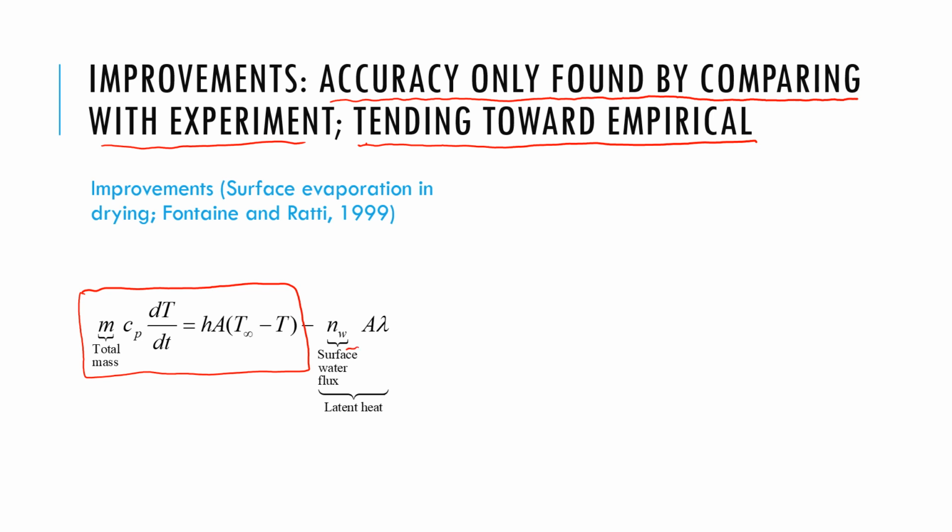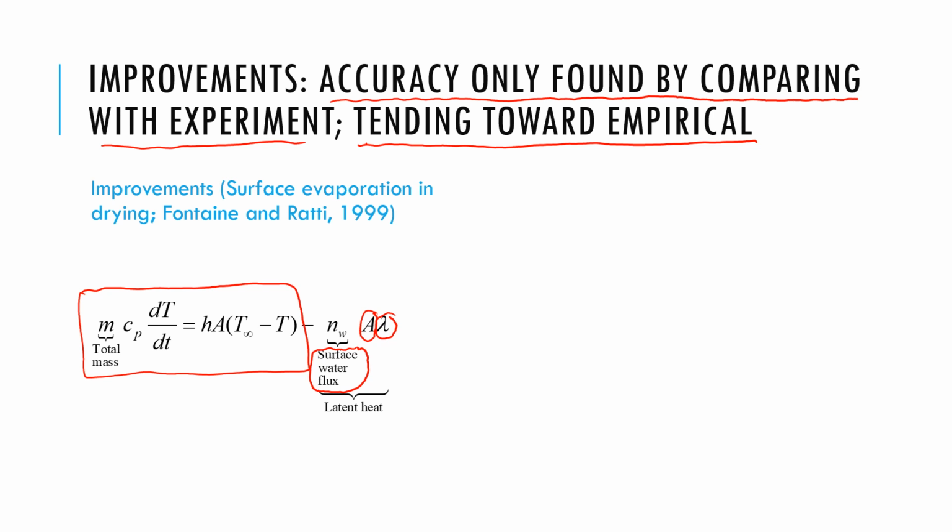From there, you can find surface water flux. So that will be mass per unit area per unit time, times the surface area times the latent heat. So now you're including the latent heat of evaporation at the surface, and therefore improving this model.